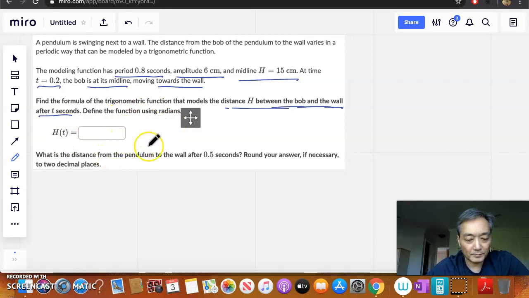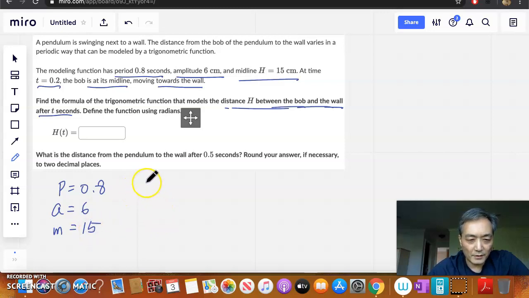Okay, so let's first write this out. Some very important information, right? The period is 0.8 seconds. The amplitude is 6 centimeters. The midline is 15 centimeters.